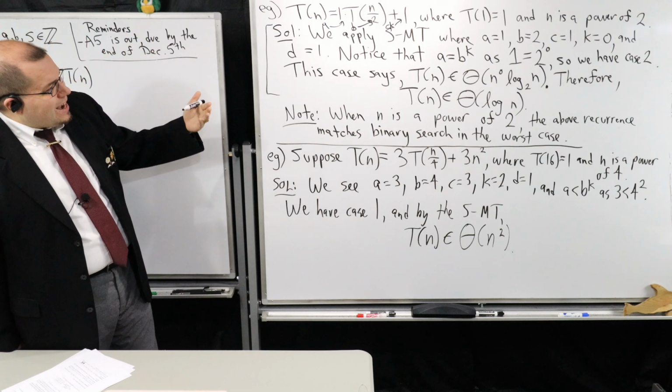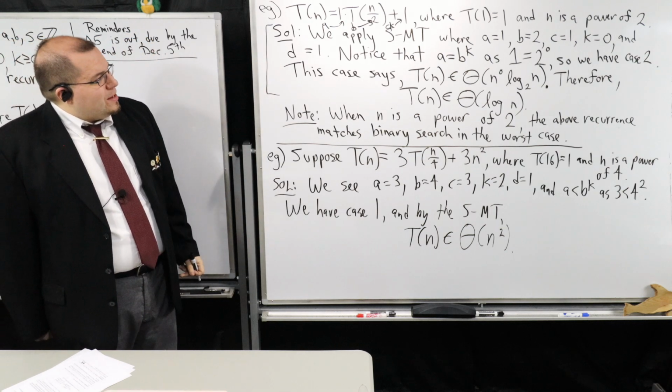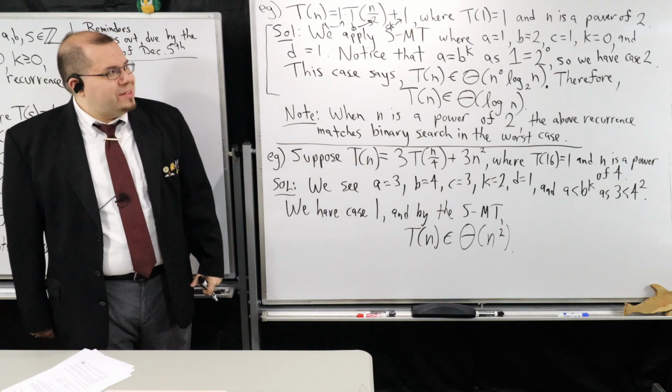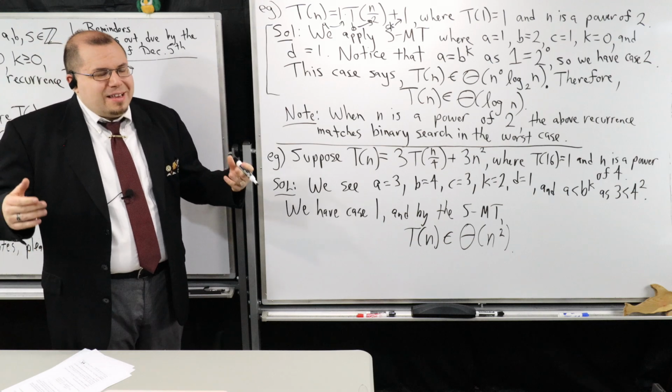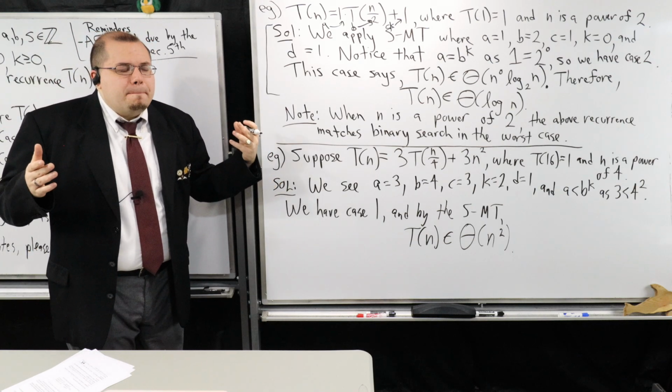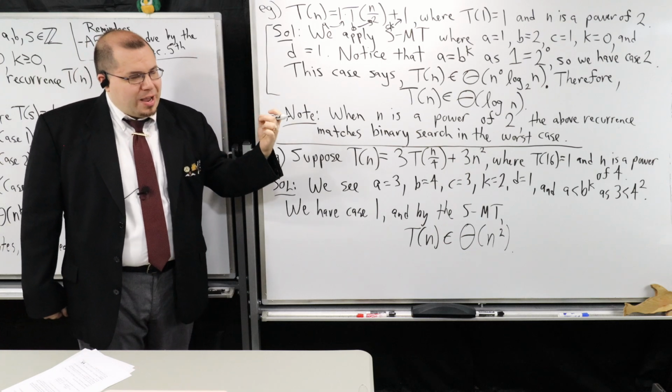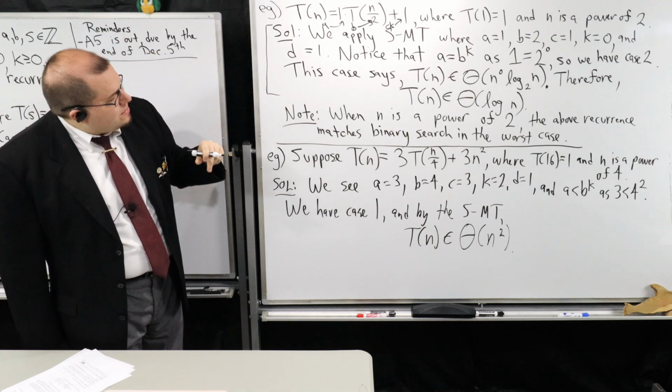So what does this say? If you plug everything into the second case, remember, T(n) is big theta of n to the k times log base b of n. I'm just plugging in the constants I have here.